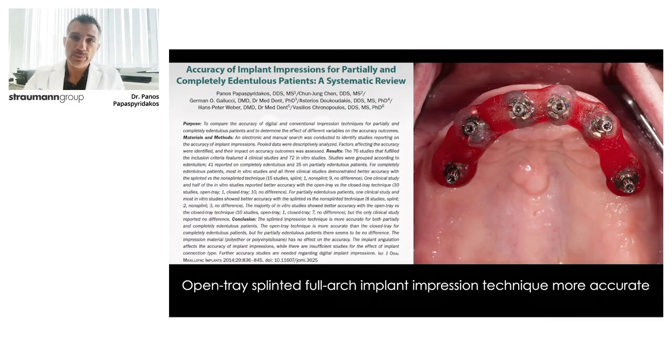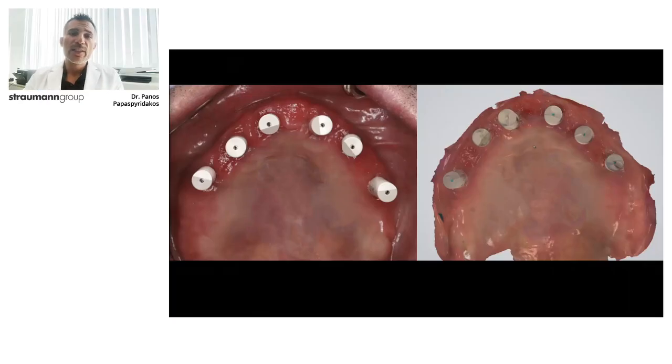What about digital now? For digital impression, it's quite similar. Instead of impression copings, we will position scan bodies, and we also will tighten them. It's the same fashion. No need to splint these. Just the use of an intraoral scanner is enough to take multiple two-dimensional photos, which will be stitched into a three-dimensional video. And this creates what we call an STL file, a standard tessellation language file.